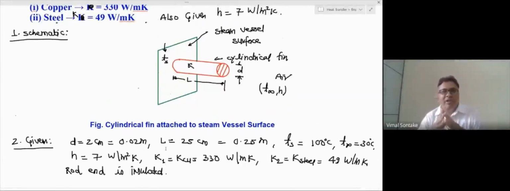You might be remembering, we have derived one governing differential equation for one-dimensional steady state heat transfer through fins. And to get the solution of that governing differential equation, to calculate the temperature along the length of the fin, we have considered different 4 cases.